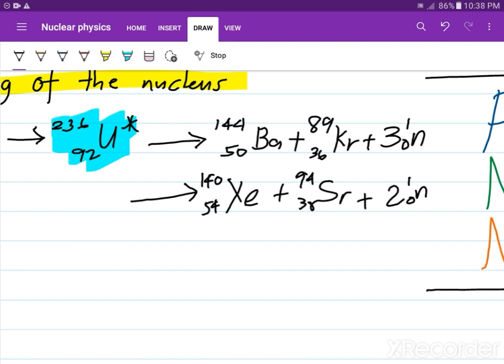So there are a lot of byproducts that can be made from the fission of uranium-236.